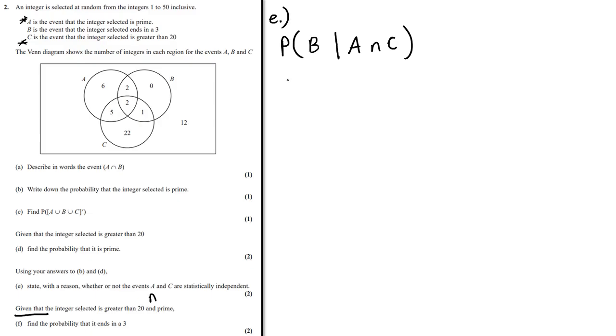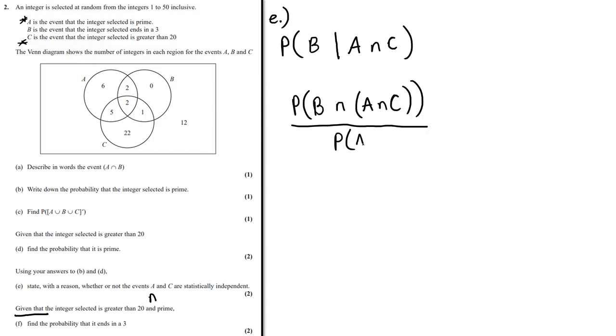So in that case, this is going to be the probability of B intersection with this second part here. So that's B intersection A intersection C. I'm going to put this in a bracket here just so I don't confuse anyone. And then we divide this by what we condition on. So this is the probability of A intersection C.